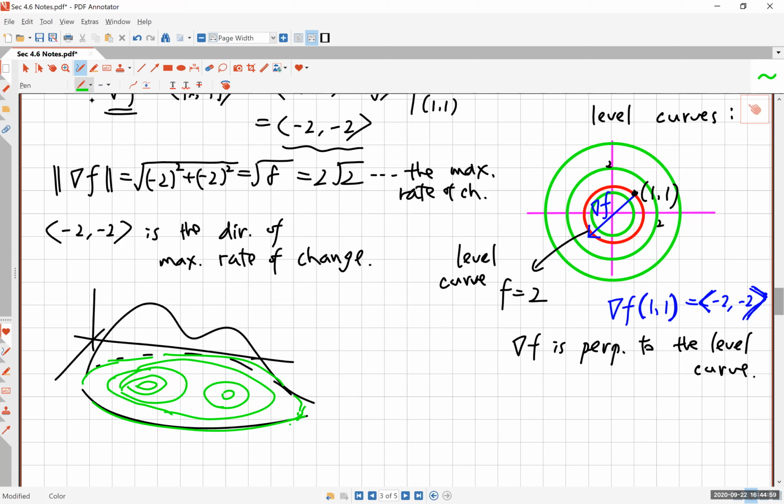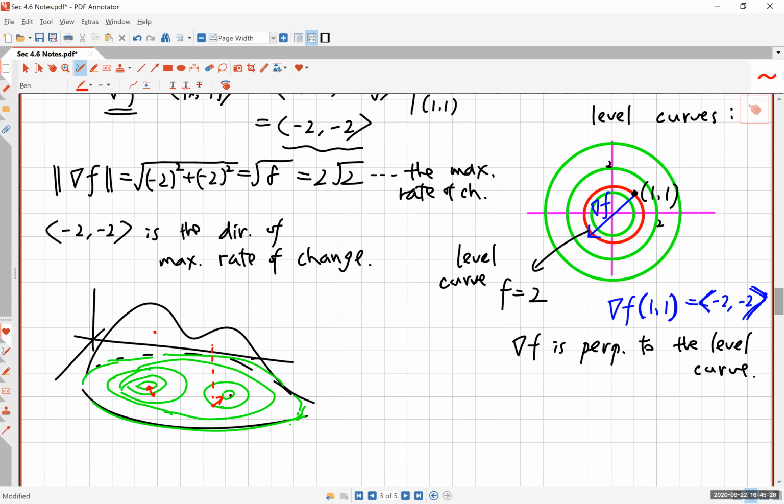So if you're standing, for instance, right at this point, maybe over here, then the gradient will be pointing in this direction, perpendicular to the level curve at this point and showing you the way up. In fact, it is the way to go fastest in terms of increasing your altitude.